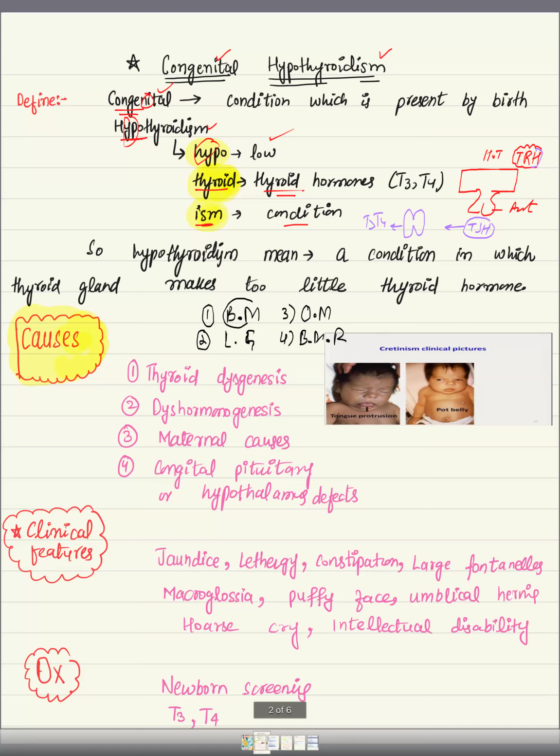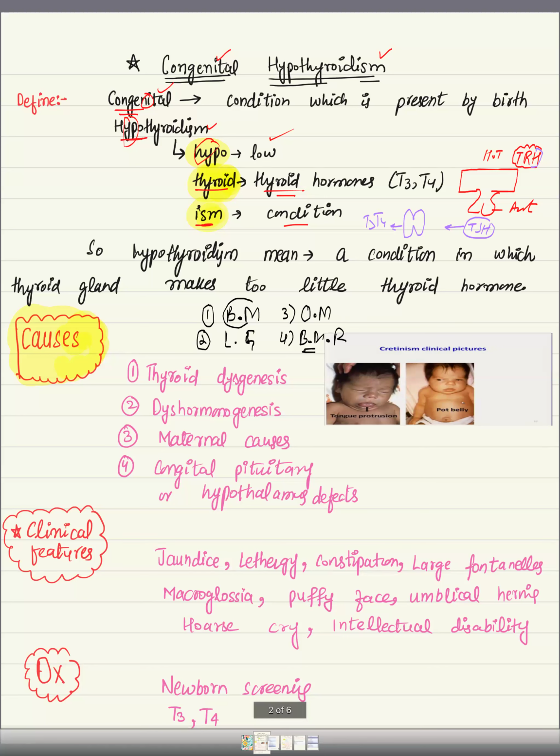That baby's growth will not occur. And also very important, the organs will not mature, and the basic metabolic rate is also not good. So these are the important functions you first have to remember and understand before going into detail of the topic. These are the important physiological functions of thyroid hormones. Please remember all of them.